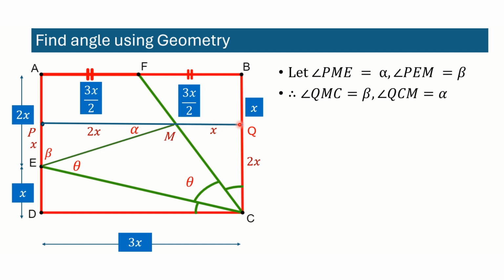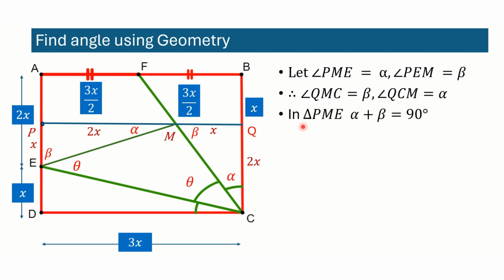Now if you consider this triangle, as I said earlier, this triangle and this triangle are congruent. This means this angle alpha, which is the angle between side length 2x and the hypotenuse, will be alpha, and this angle will be beta. So now in this triangle, this angle is alpha and this angle is beta.